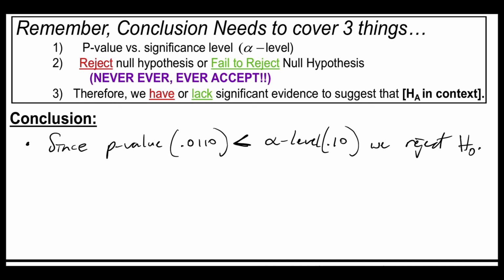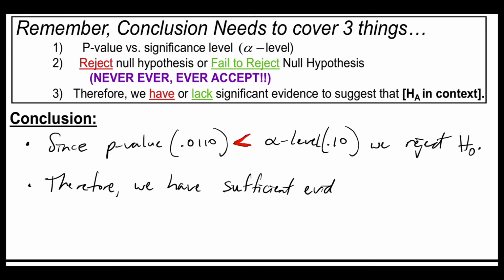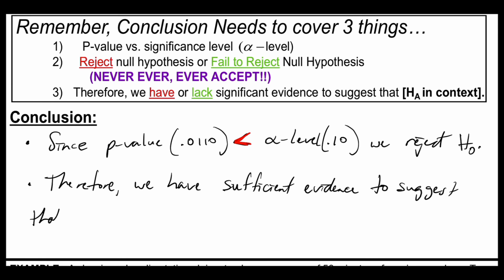Since we reject, therefore, we have significant or sufficient evidence to suggest that the alternative hypothesis in context.